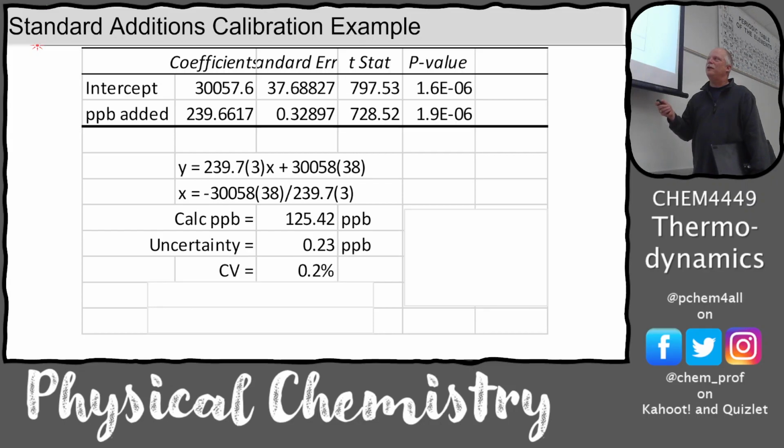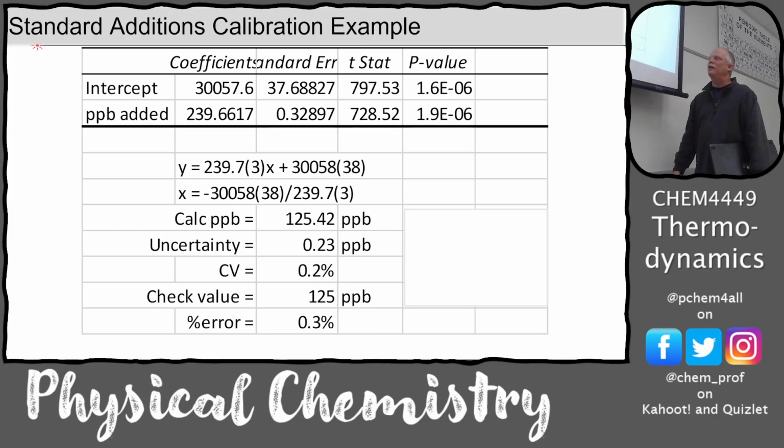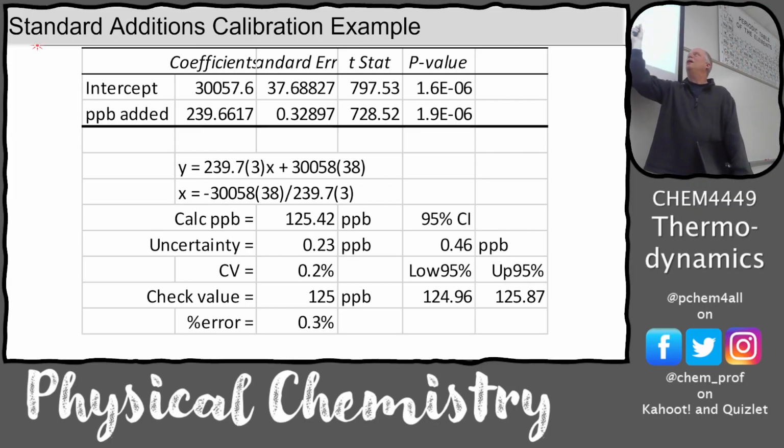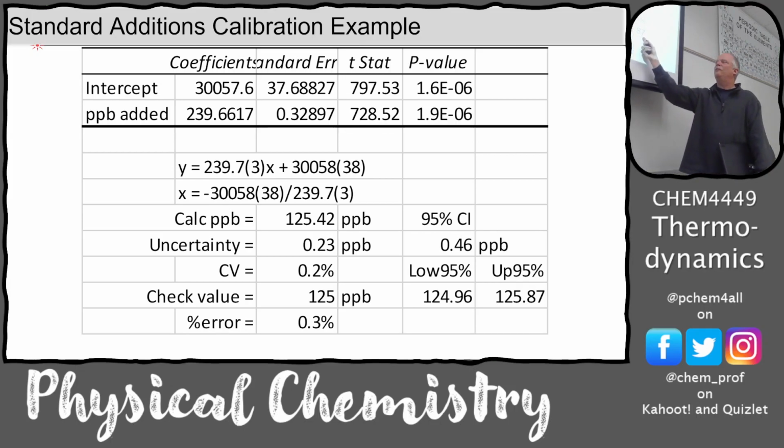Our CV is 0.2%, and the check value is 125, and our percent error is 0.3%. For our 95% confidence interval, we take 1.96 times our uncertainty value, subtract it from our mean and add it to the mean, and we have this range, 124.96 up to 125.87. So that's beautiful. We are accurate and precise because we analyzed the actual matrix of the blood.